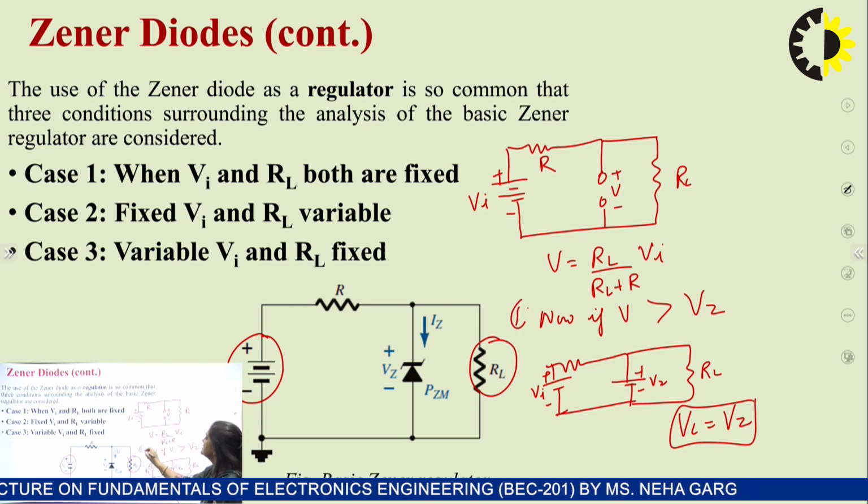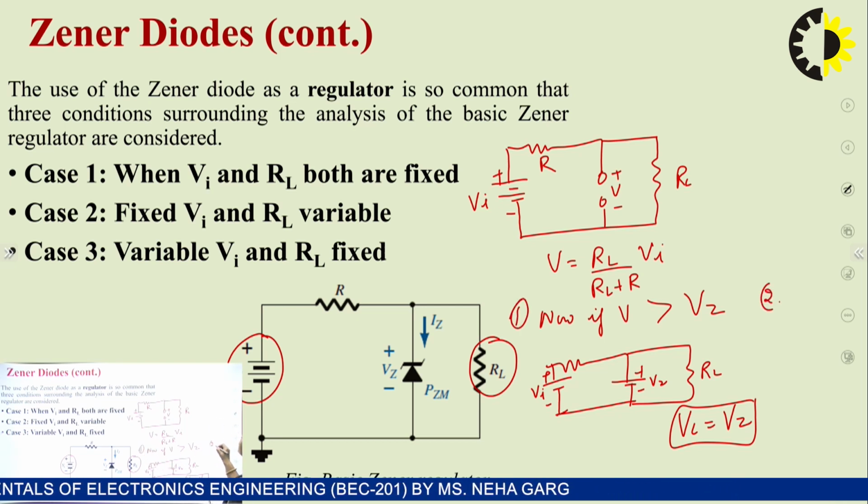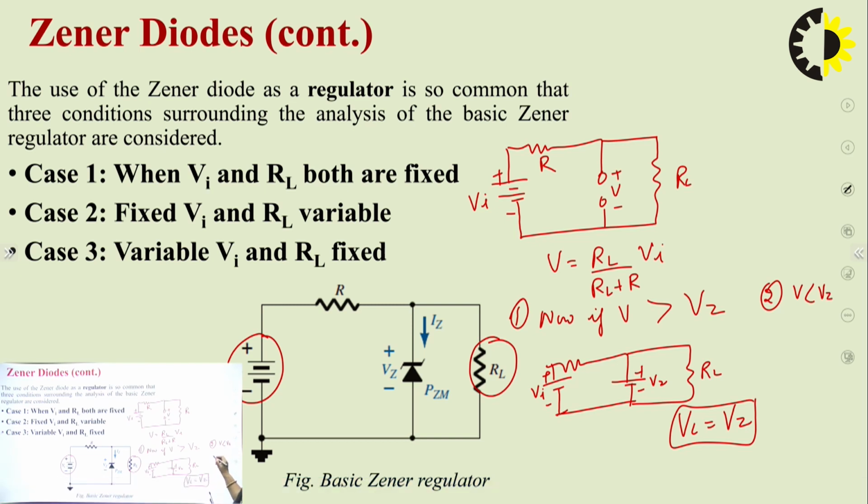Now we will see the second case, when V is less than Vz.